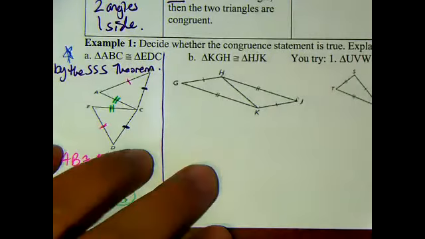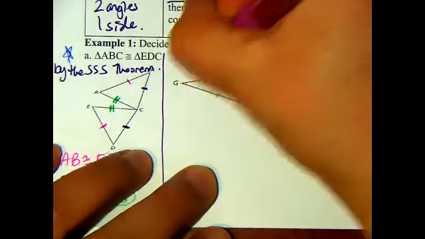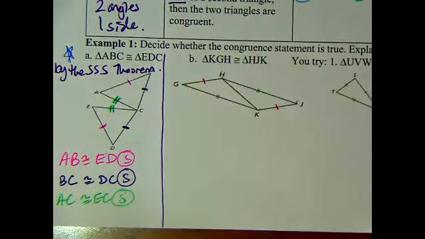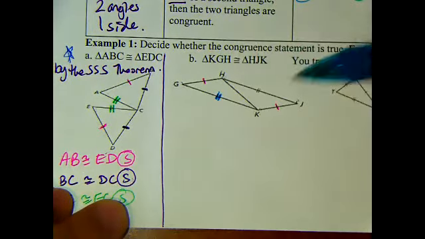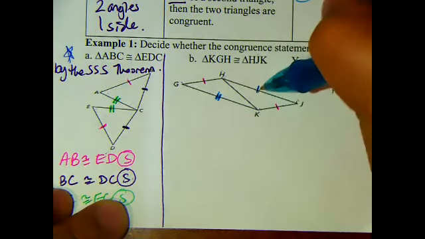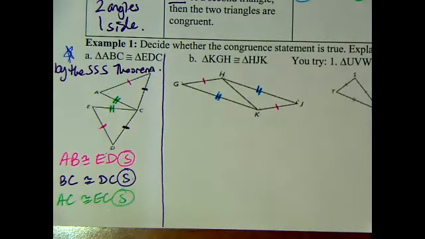Each one is 1, so that means that they are congruent. I have 2 tick marks on GK and 2 tick marks on HJ, so I know that those two are congruent.